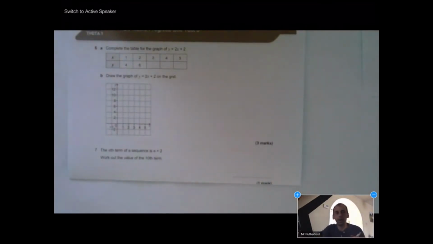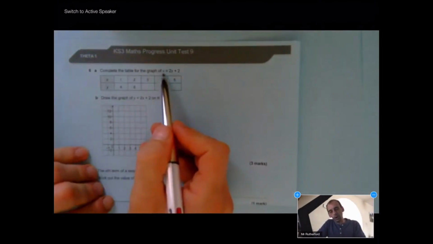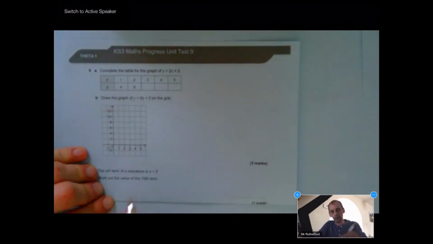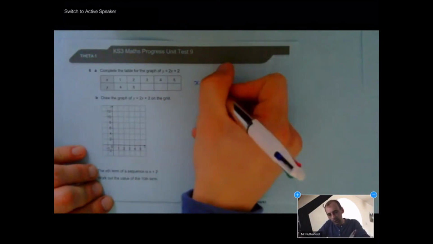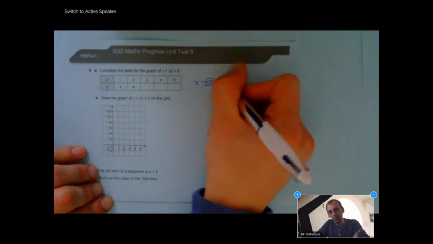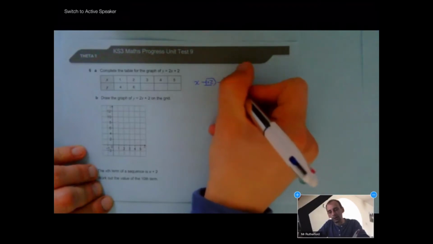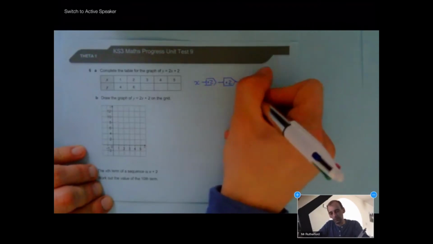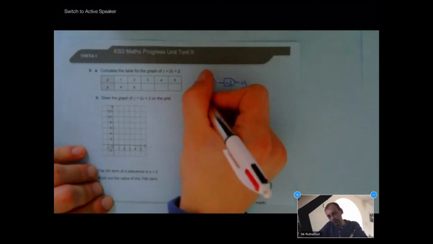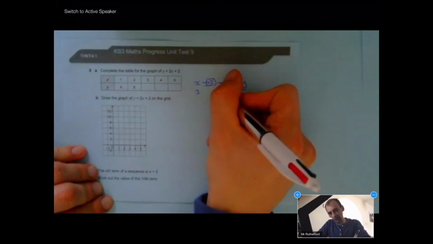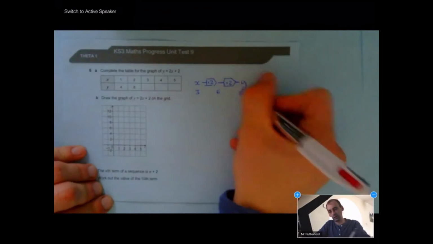Right, question 6. This is about graphs of linear functions or straight line graphs. So complete the table for the graph of y equals 2x plus 2. So that means whatever x is, we are timesing by 2 and then we are adding 2 to get y. So if it's 2x plus 2, when x is 3, 3 times 2 is 6, plus 2 is 8.